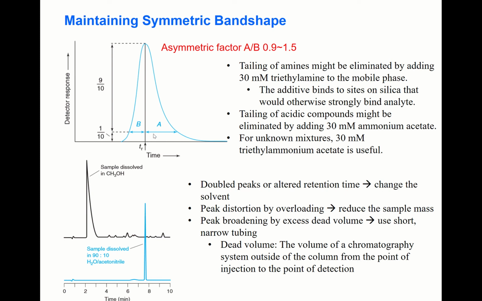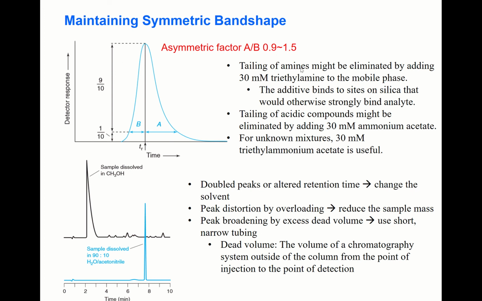But for an asymmetric peak, this A over B may vary between 0.9 and 1.5. This is called tailing.